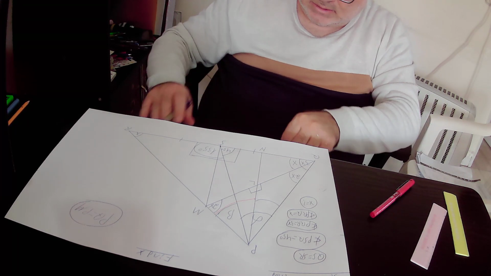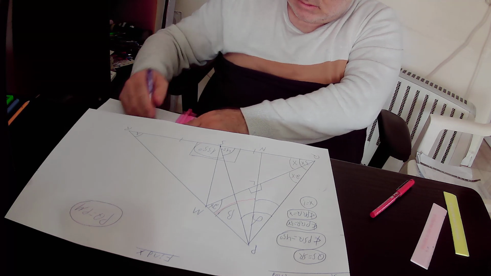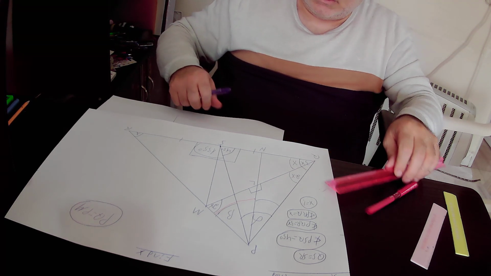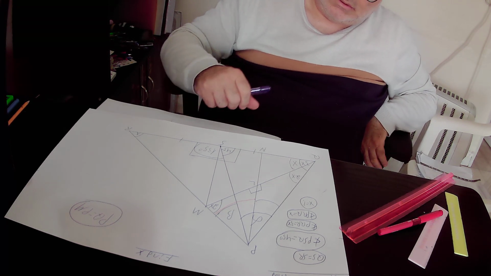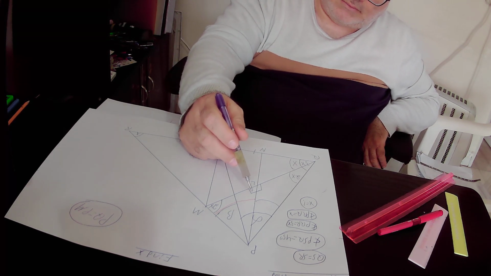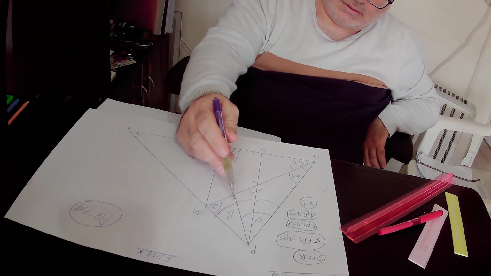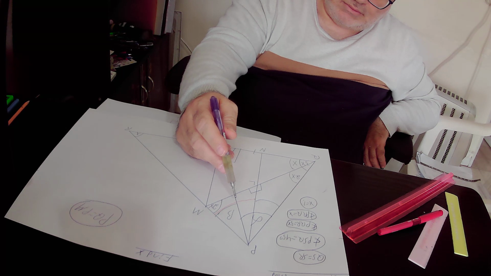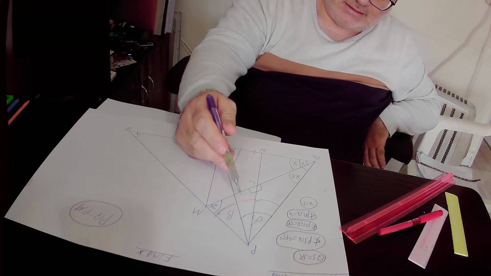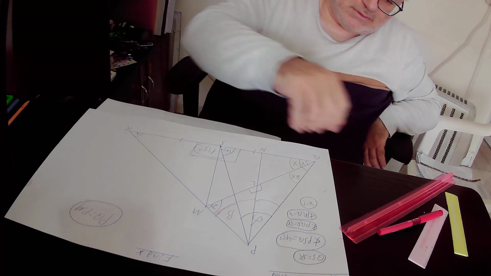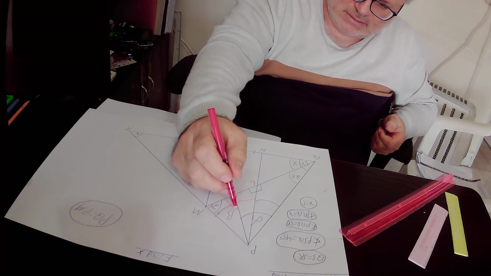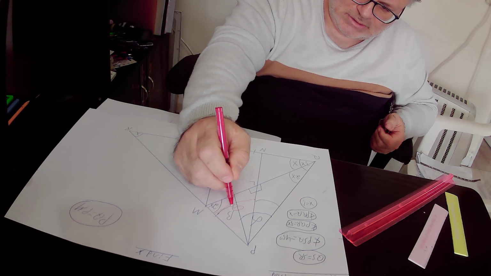So actually, first of all, the angle in the red color, we will define it as theta. So this angle equals theta according to our definition.